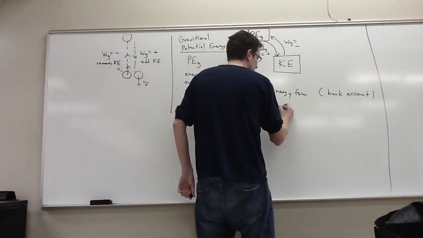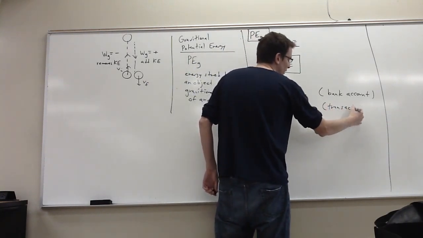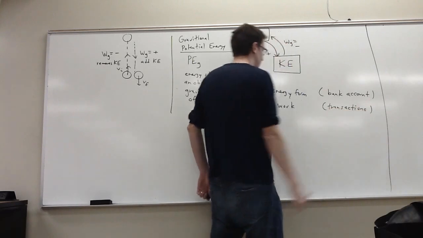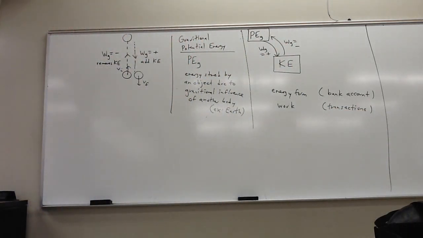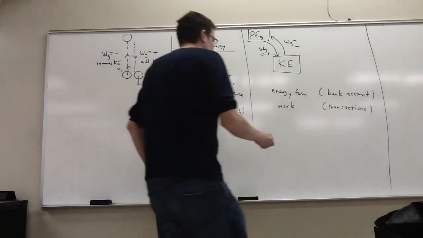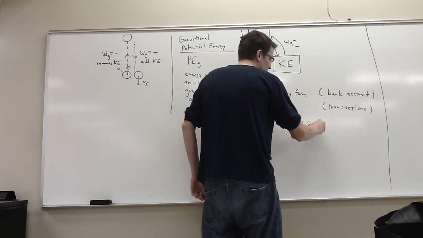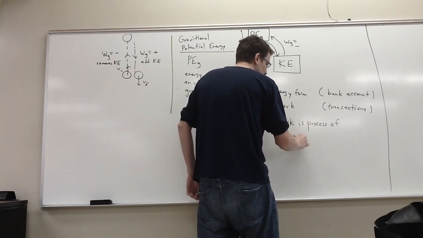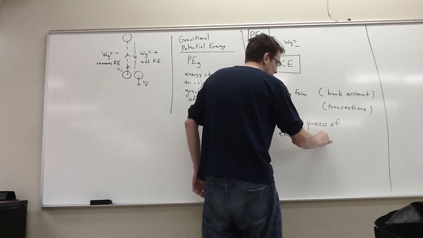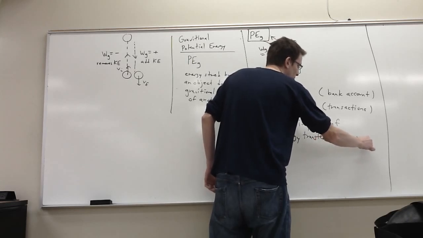So work, it's like the transactions between bank accounts. Work is the process of energy being transferred from one form to another form. So work is the process of energy transfer from one form to another.